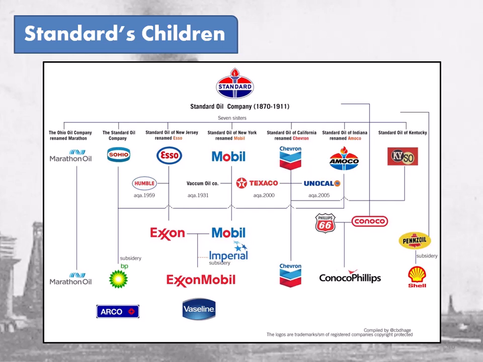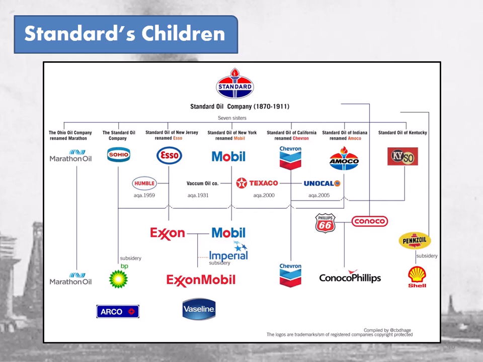So the structure of the American oil industry is dramatically different here at the end of Chapter 5 as America stands on the cusp of World War I, right? As we're going to enter into the next 3 or 4 decades in which America is going to become a great global power, the American oil industry is dramatically different. We refer to these kind of legacy companies as Standard's children.